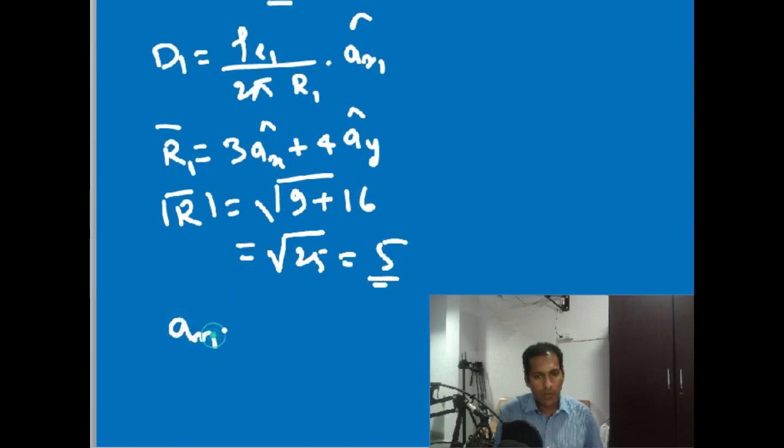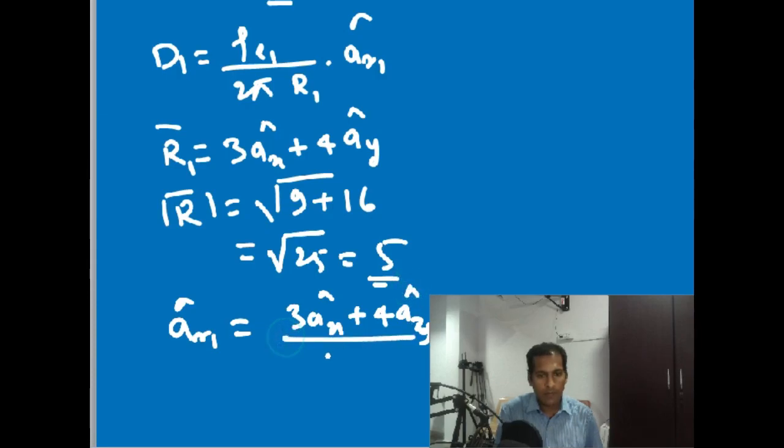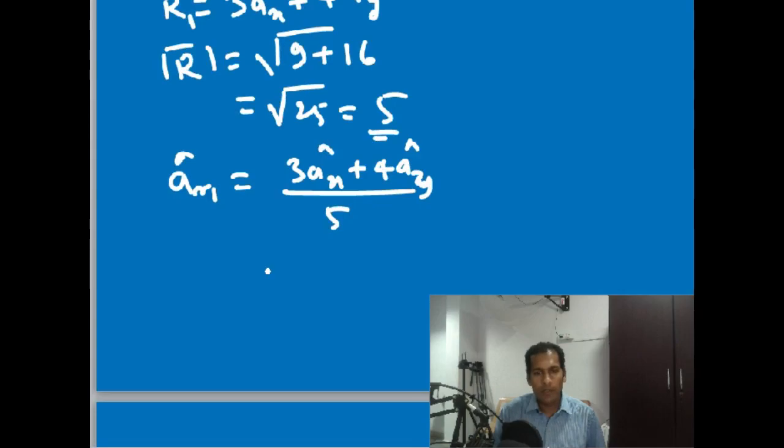So AR1 cap will be equal to 3 AX cap plus 4 AY cap divided by 5. From here we can calculate the D1.